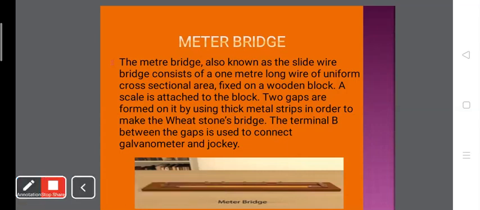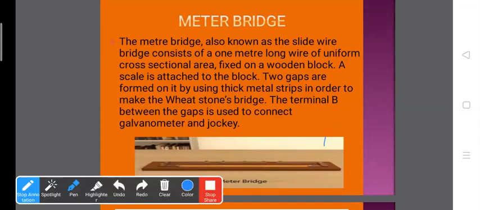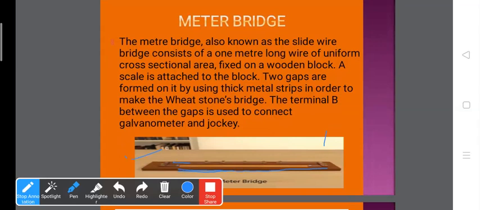The meter bridge, also known as slide wire, as I told you, consists of a 1 meter long wire of uniform cross-sectional area. You can see in this figure, it consists of a 1 meter length wire. The area of cross section of this wire is the same and it is fixed on a wooden block.